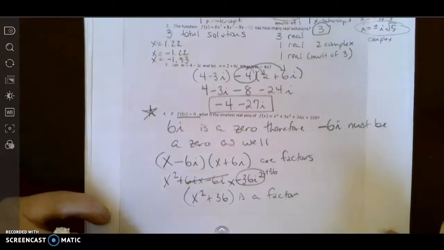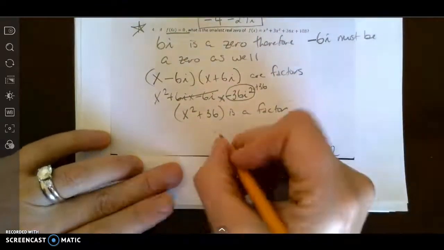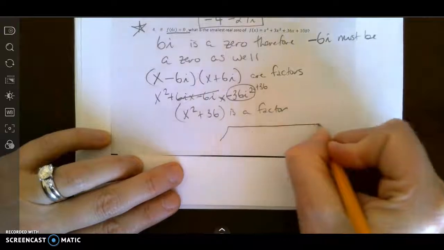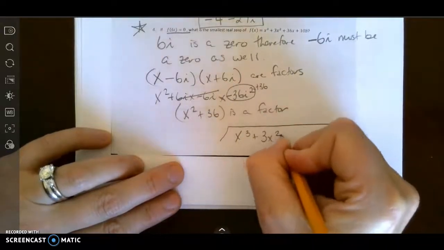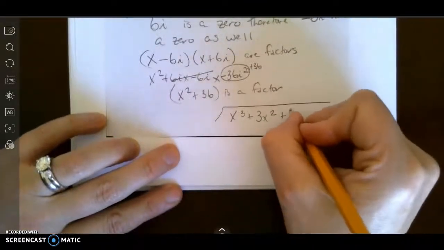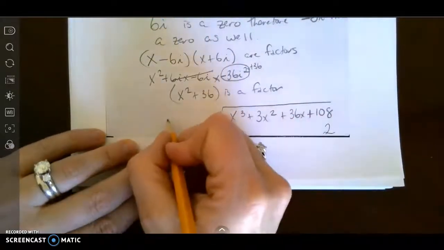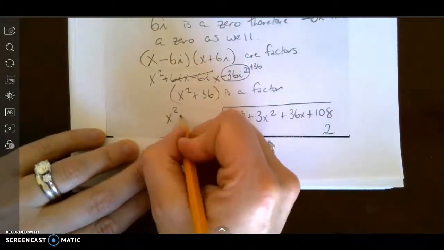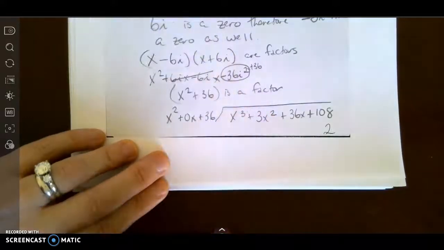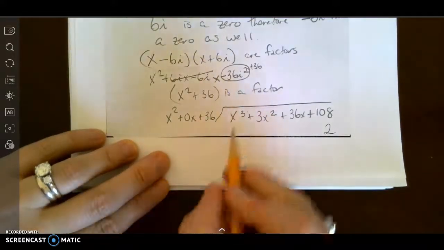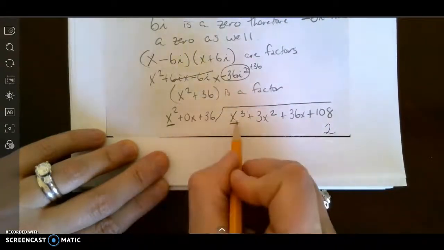And I can use this to find my other factor by dividing. X cubed plus 3x squared plus 36x plus 108 divided by x squared, I need to put a placeholder, 0x plus 36. All my placeholders, focus on the first.